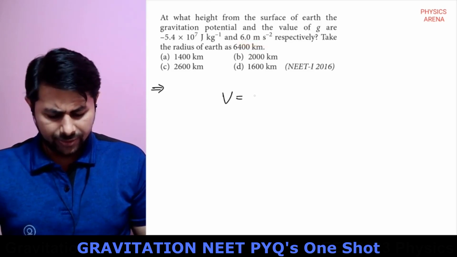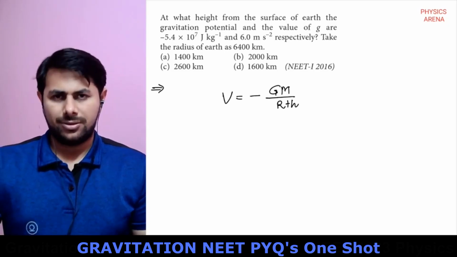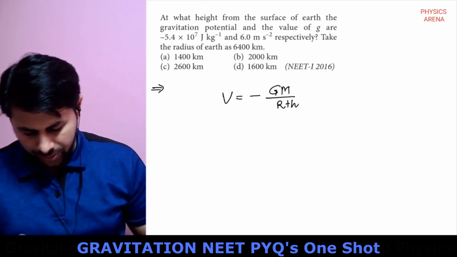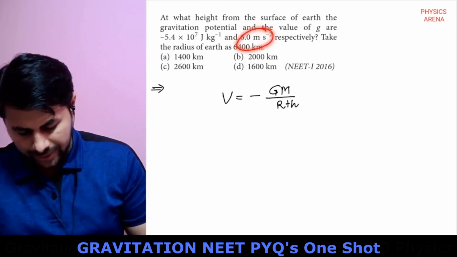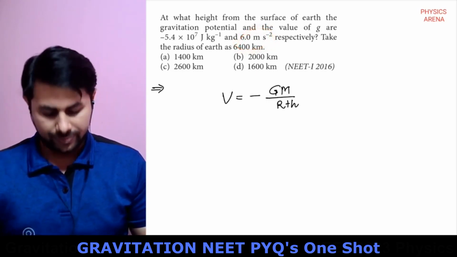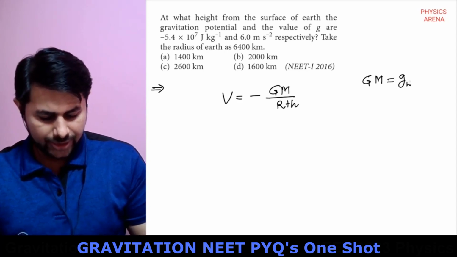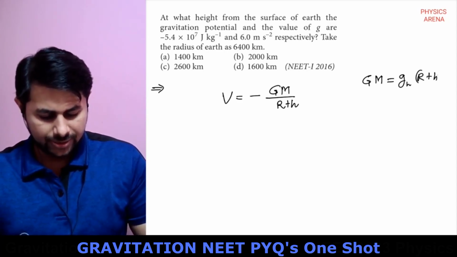So we know V is equal to minus of GM upon R plus H, right? But they have given it in terms of acceleration due to gravity. That means we have to use the other formula. So GM equals g_h into R plus H square.